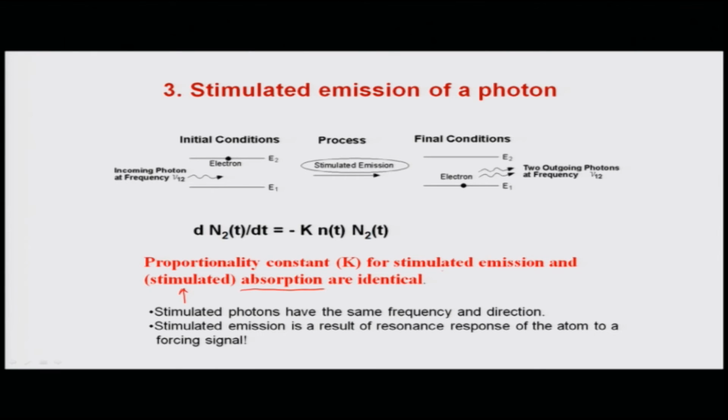So, we are in some sense stimulating the process of absorption versus the process of emission, and that is how we have the word stimulated in both. All absorptions are in some sense stimulated, whereas emission can either be stimulated or spontaneous, as we are saying here.